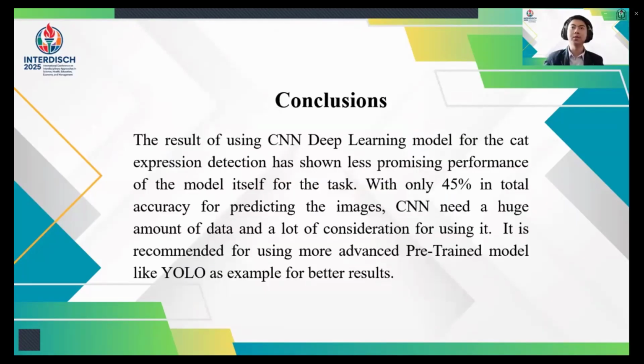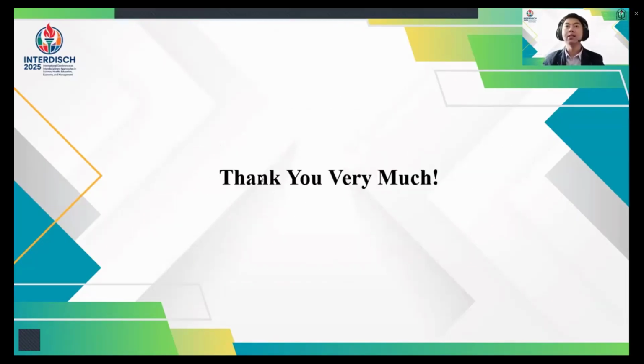With only 45% total accuracy, CNN needs a huge amount of data and a lot of consideration. It is recommended to use a more advanced pre-trained model like YOLO, or maybe ResNet or other advanced pre-trained models in deep learning. I guess that's it for my presentation. Thank you very much.